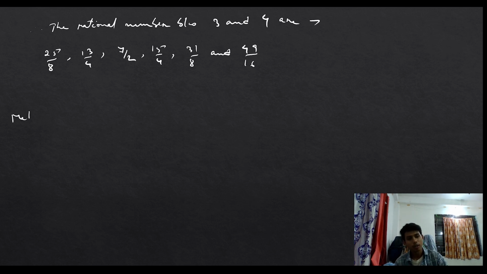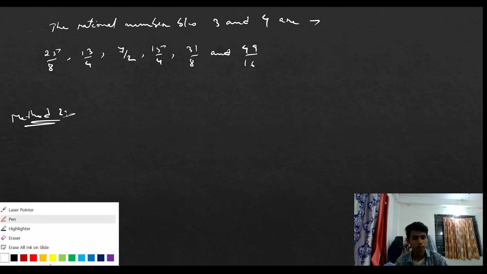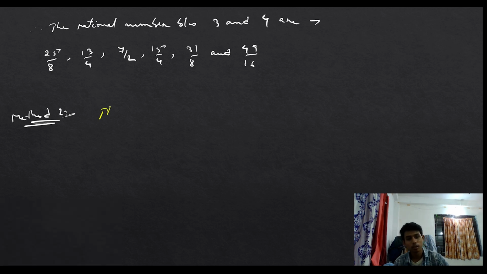Now comes our second method. The given numbers are, let me change the color, but we'll choose yellow, 3 and 4.